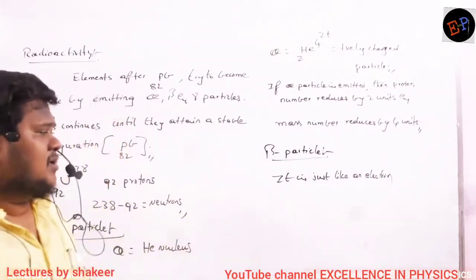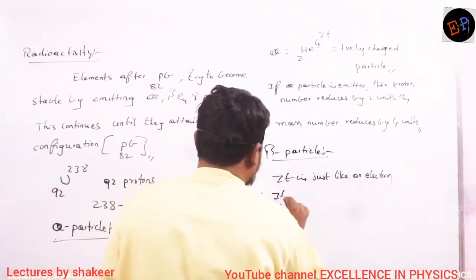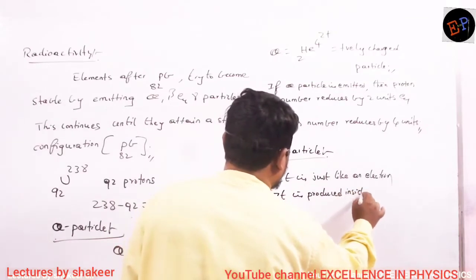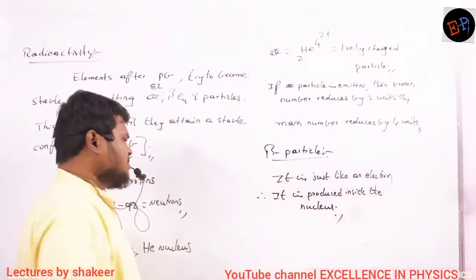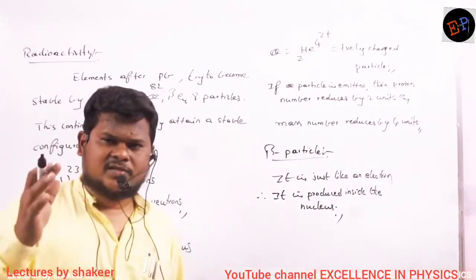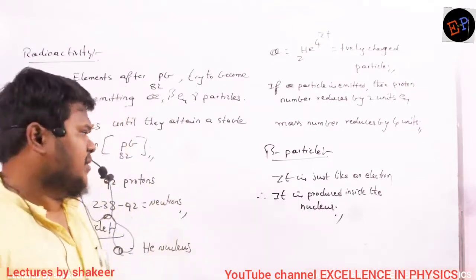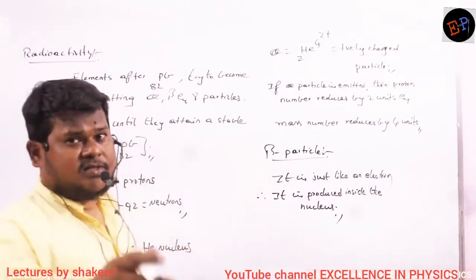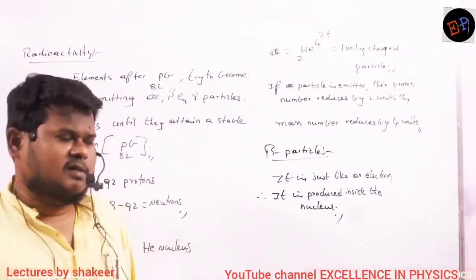So therefore it is produced inside the nucleus, but it has the same properties as an electron. Its mass is also the same as that of an electron. Clear? Its charge is also the same as that of an electron. Now this beta particle is definitely a charged particle. It is a negatively charged particle. So this particle also will be deflected by both magnetic fields as well as electric fields.